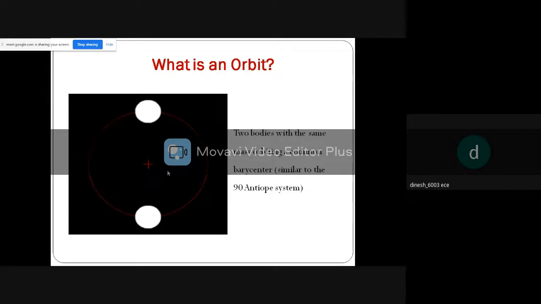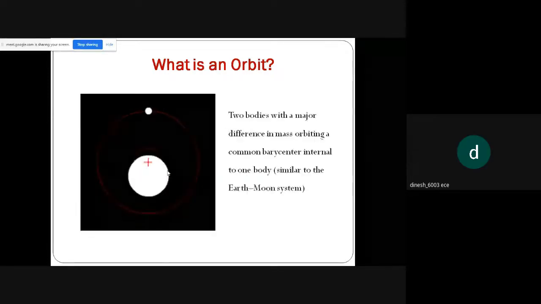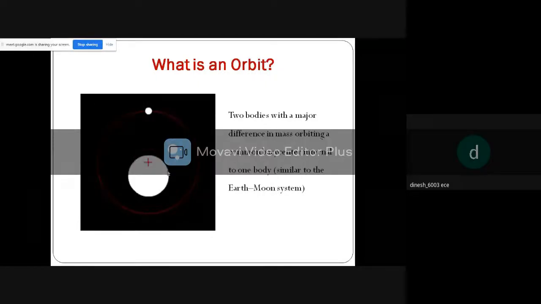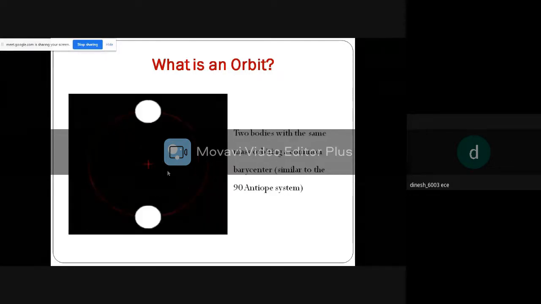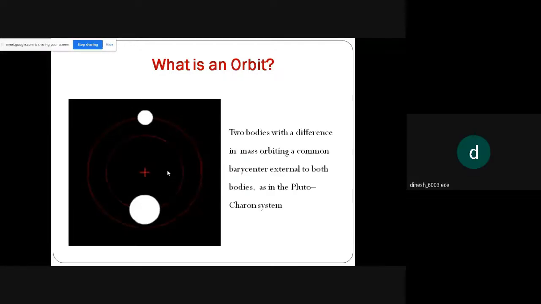I'll show you the next diagram. Two bodies with a major difference in masses orbiting a common barycenter internally. You can see that the two shown in the previous diagrams are external, so you can see that it is externally revolving.